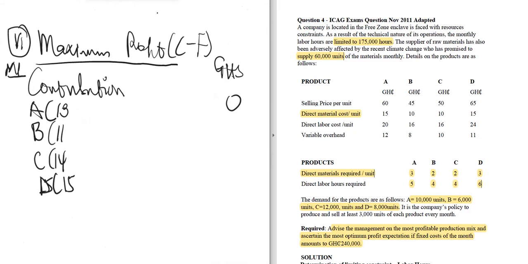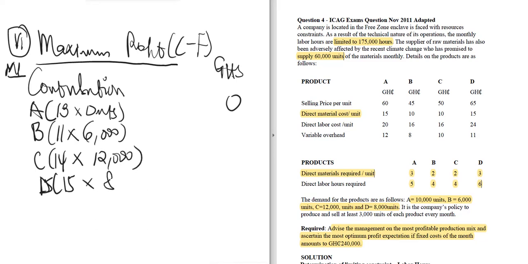So now that you have this, you can just multiply by the units. This one, we produce 0 units. We couldn't produce any. For B, we could produce all the 6,000 per our production plan. We could produce all the 12,000 for C, and we could also produce all the 8,000 for D, not so?